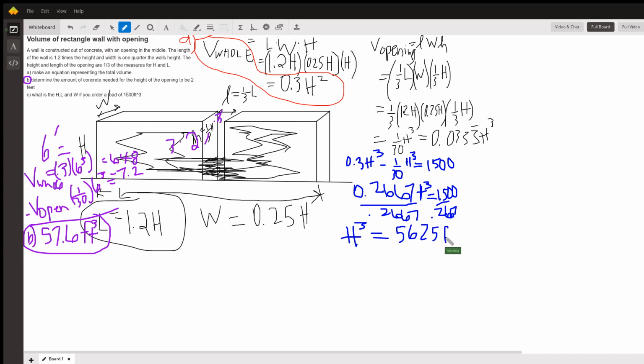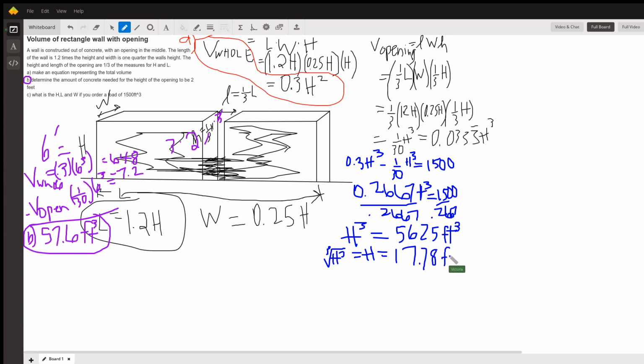So now we have that H cubed is 5,625 cubic feet. To undo a cube, you take the cube root. Usually there's a button on your calculator. I'll get that the height is the cube root of 5,625, which is 17.78 feet.